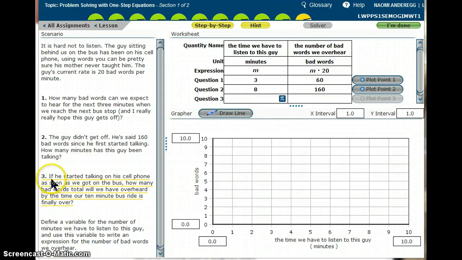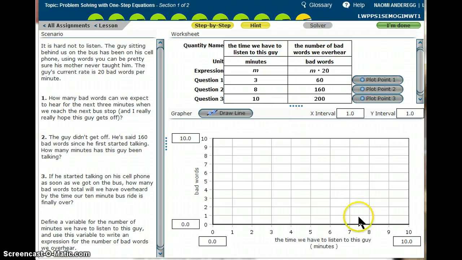Okay, number 3, if he started talking on his cell phone as soon as we got on the bus, how many bad words total will we have overheard by the time our 10-minute bus ride is finally over? So the number of minutes is 10, since it's a 10-minute bus ride. And then we can just substitute in. We'll have 10 times 20. 10 times 20 is 200, so we have 200 bad words that we have to hear over those 10 minutes.